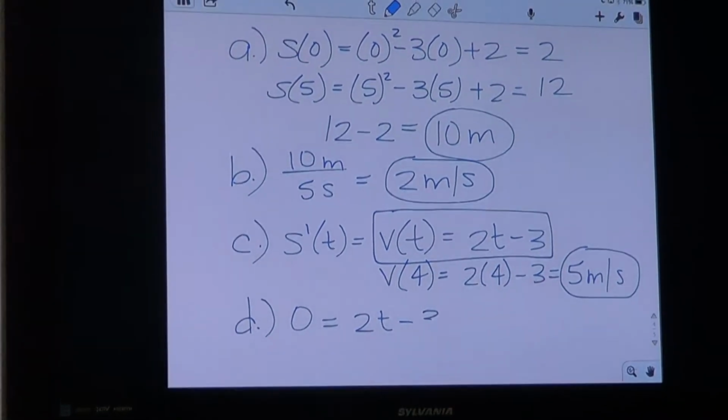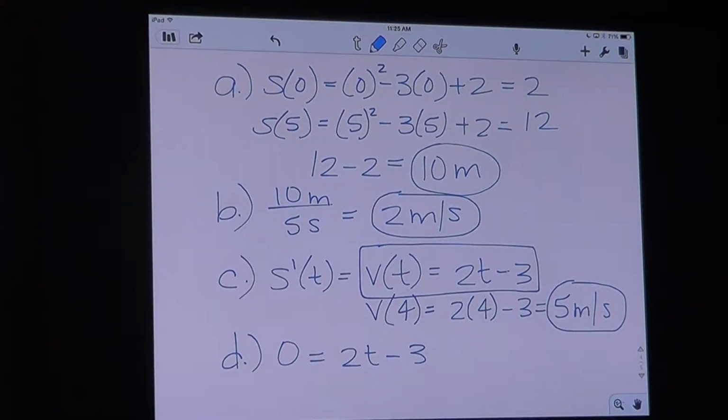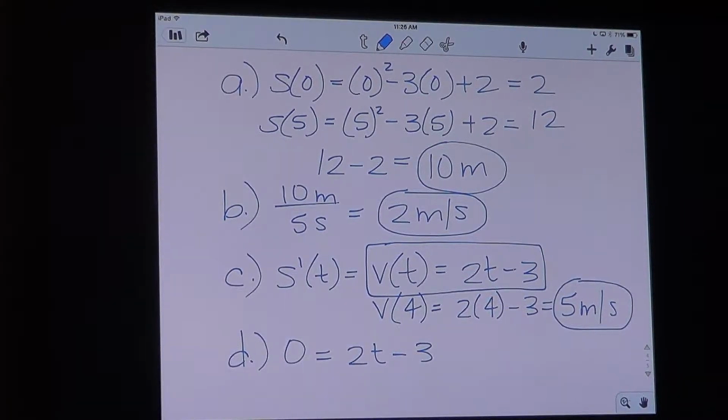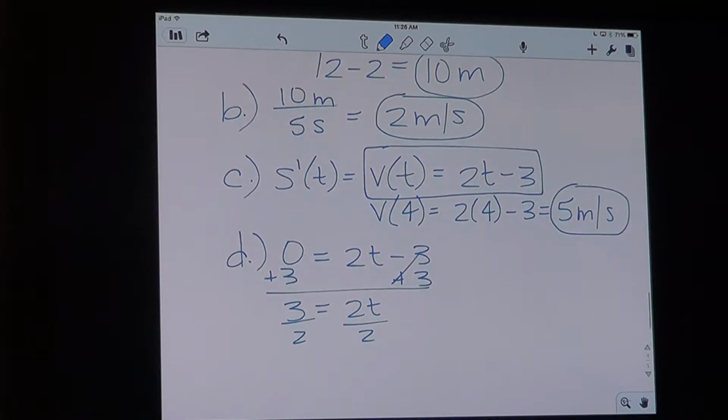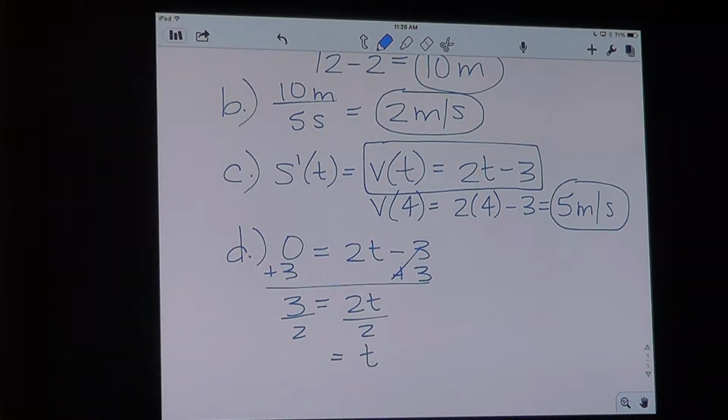So 0 equals 2t minus 3. So that would be at 1.5 seconds, or 3/2 seconds. Do you guys understand why that's true? Yes?